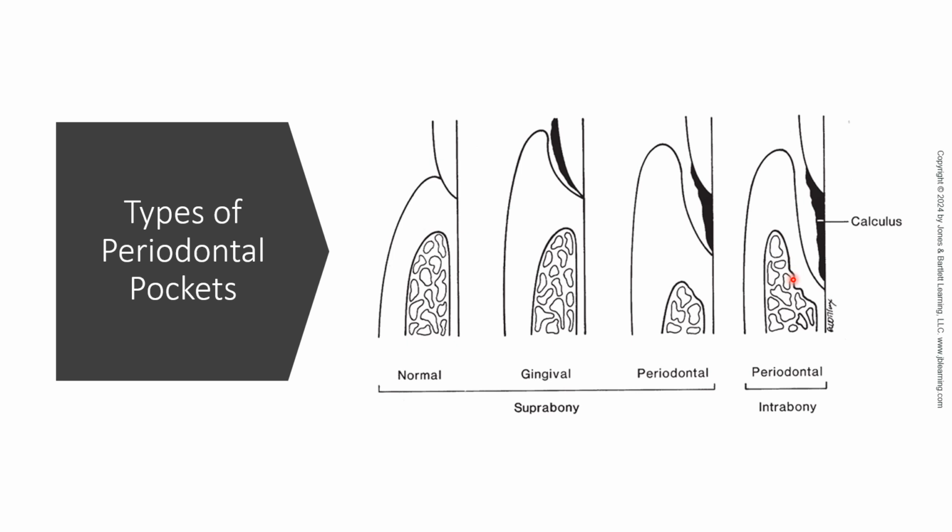This one has a lot more bone destruction than this one, but they both have bone loss. Your gingival or normal periodontal pockets have perfectly healthy bone.